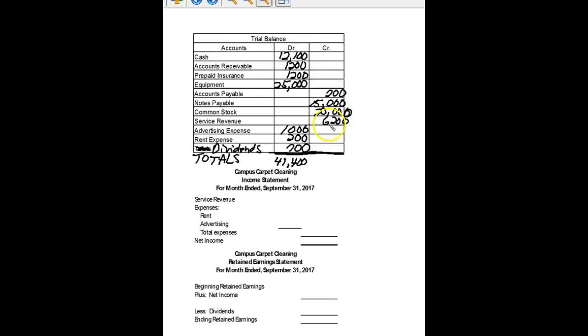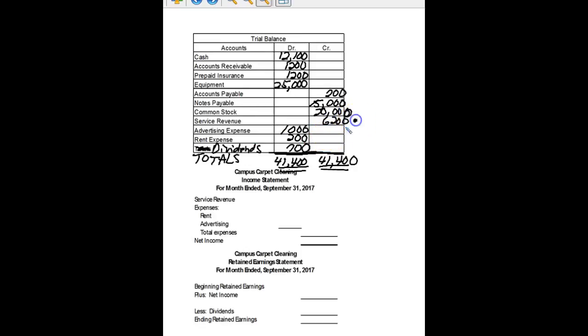And then I'm going to sum or add up all the credits, and I'll also get 41,400. I'll double rule those, because in accounting, the double rule means we're in balance and we're kind of finished. The last thing I'll do, although I will tell you your homework doesn't require it, but let's go through it real quick.